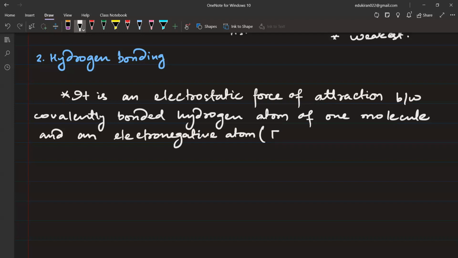And this electronegative atom is either fluorine, oxygen, or nitrogen. Okay.